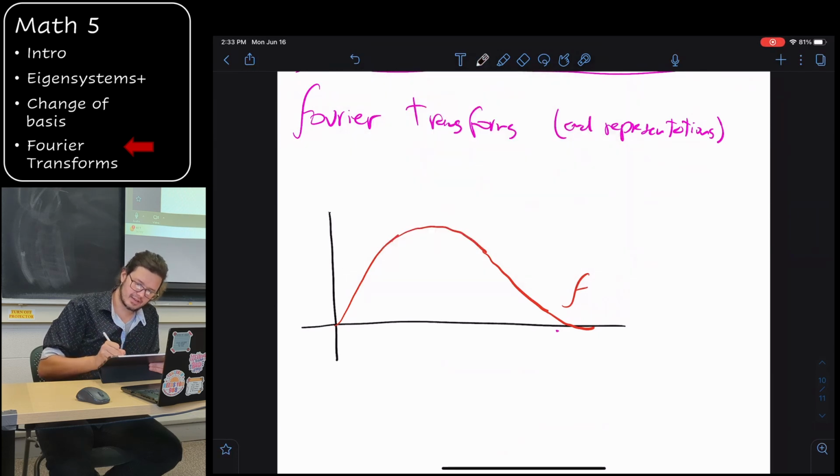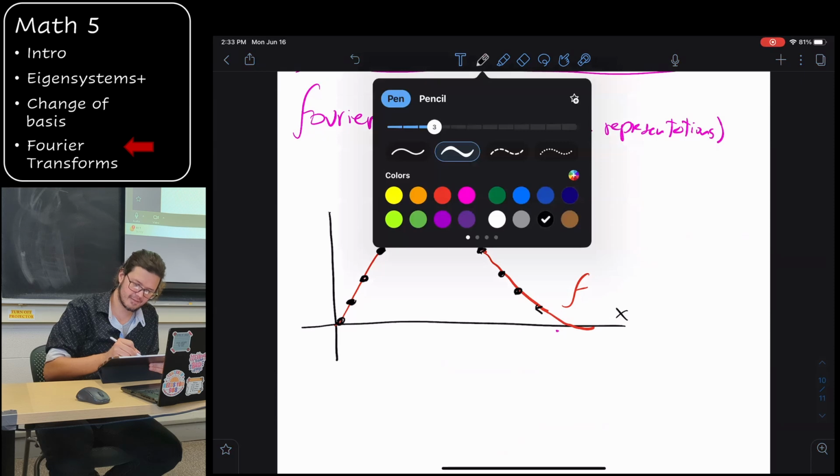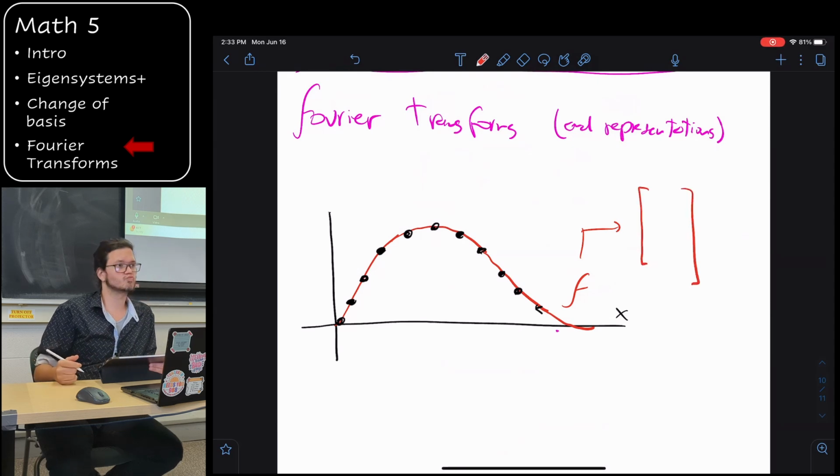You can think of it, if you discretize your space, that the representation of this function f in a finite grid is equal to a list of numbers.